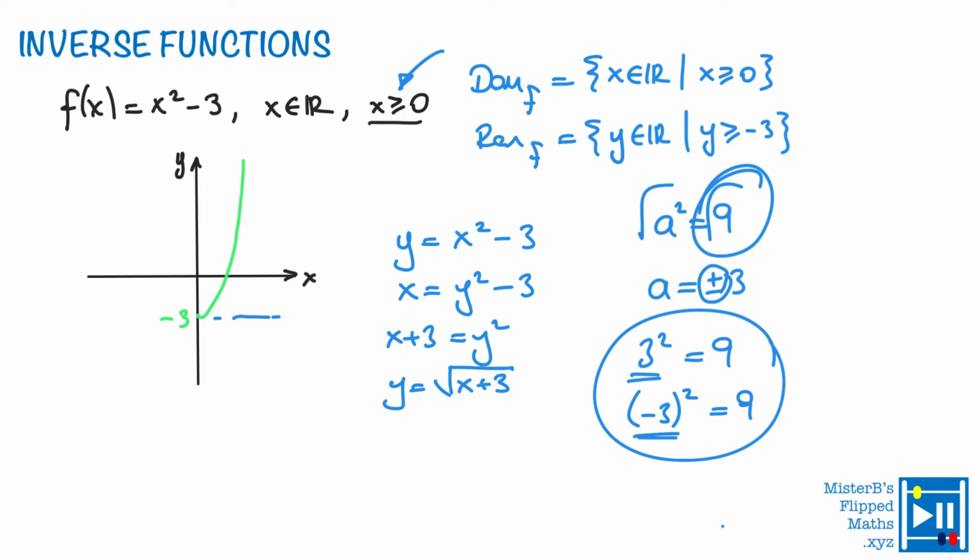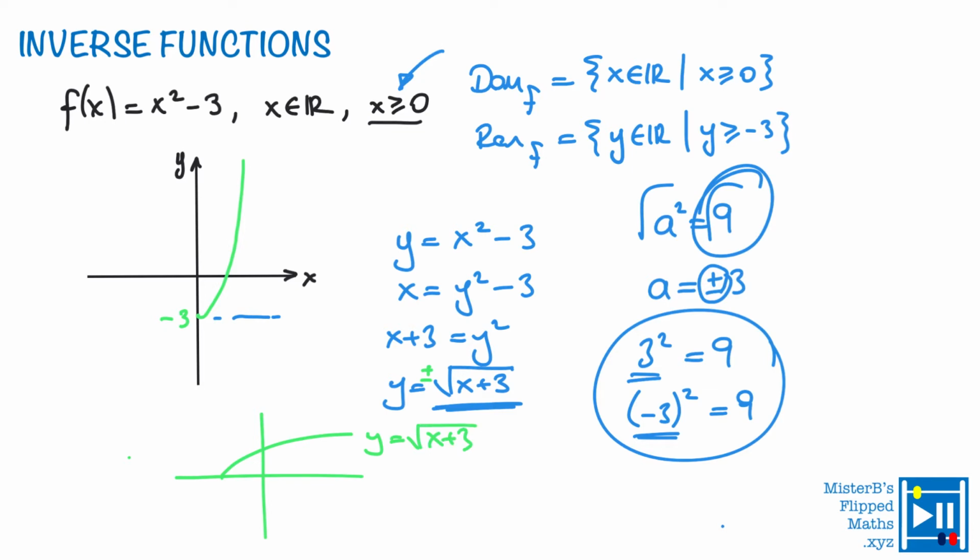Whereas, when we are dealing with functions here, by default, we assume that this expression here is positive. So we don't go like plus minus. Because the problem is here that when you try to sketch the graph of something like this, for example, you end up with something like this. This is a sketch of y equals square root of x plus 3, okay?